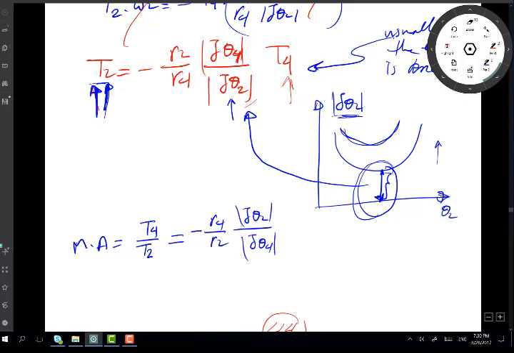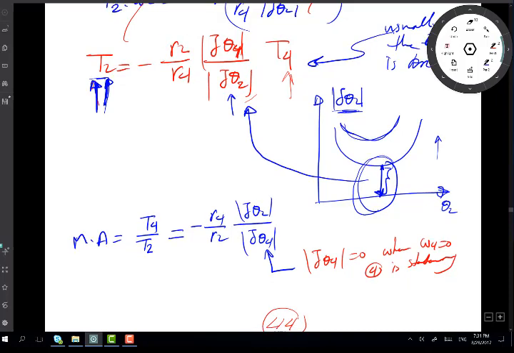And J theta 4 is equal to 0 when omega 4 is 0 and link 4 is stationary.